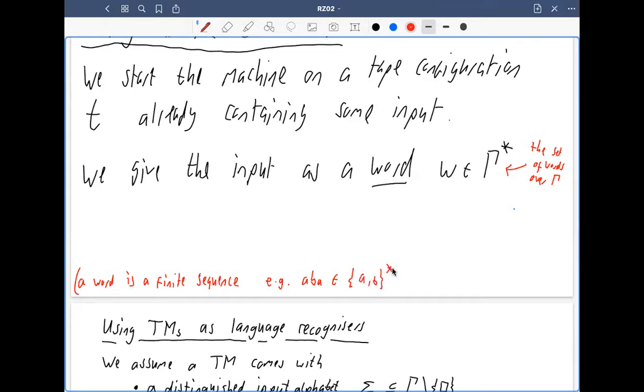That's one example of an element of this set, but very importantly, I'm going to use a little curly epsilon as the empty word. A word is a finite sequence of symbols, and that includes the empty sequence. So this is the empty word.